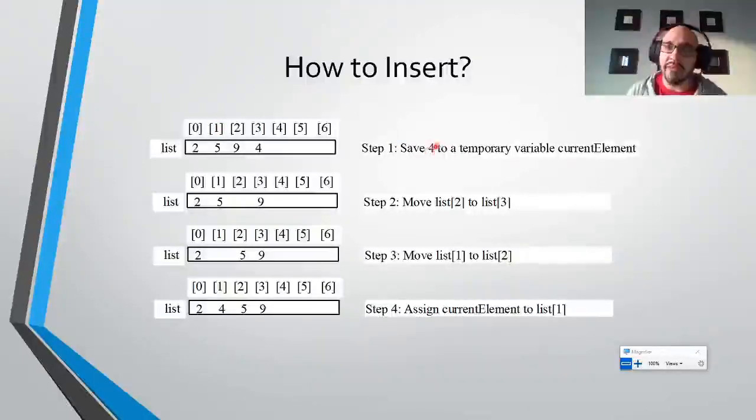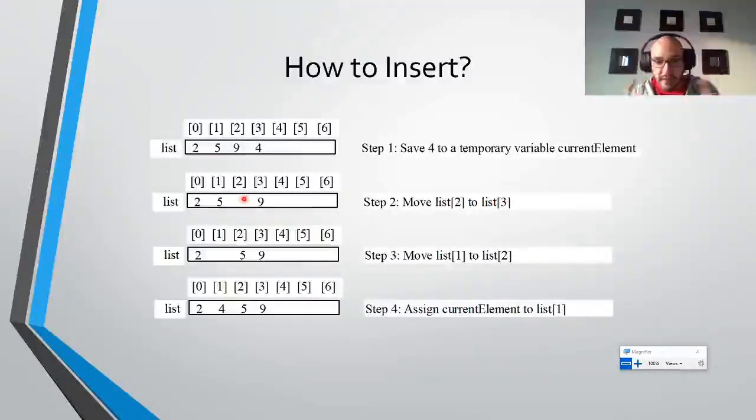So I save the element 4 to a temporary variable. So I put in here current element, but it could be any name for a temporary variable. So once I have 4 in the temporary variable, I can start pushing everybody back. So for example, I can take 9 and put it in the index 3. I can get 5, put it in index 2.